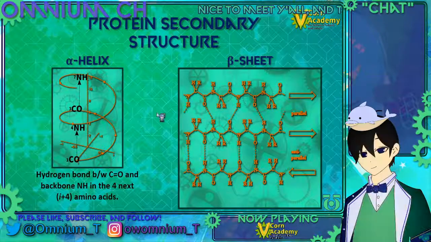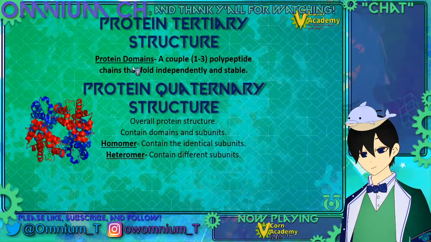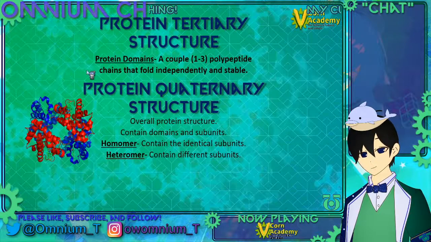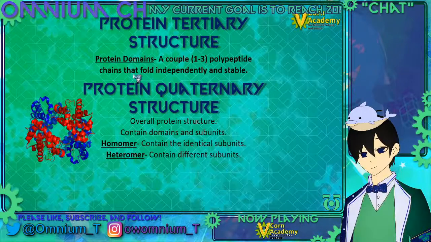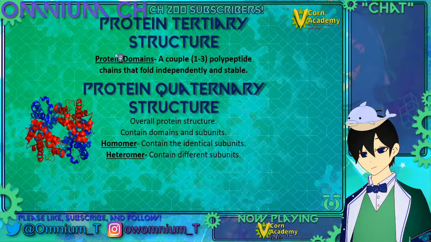And let's move on to the tertiary and the quaternary structure. So protein domains are just a bunch of polypeptide chains, and they fold independently, they're stable. And yeah, that forms quaternary structure. Sometimes proteins need a bunch of domains to be functional. So you have homomers and heteromers.